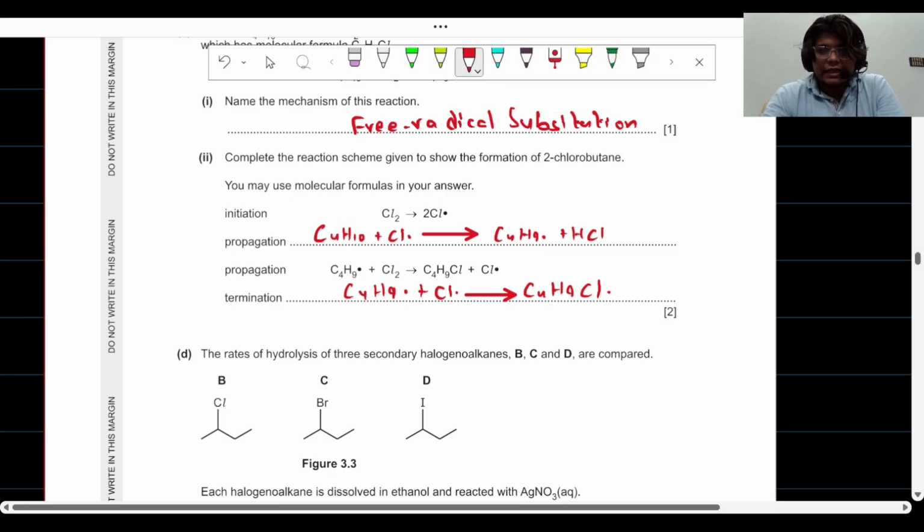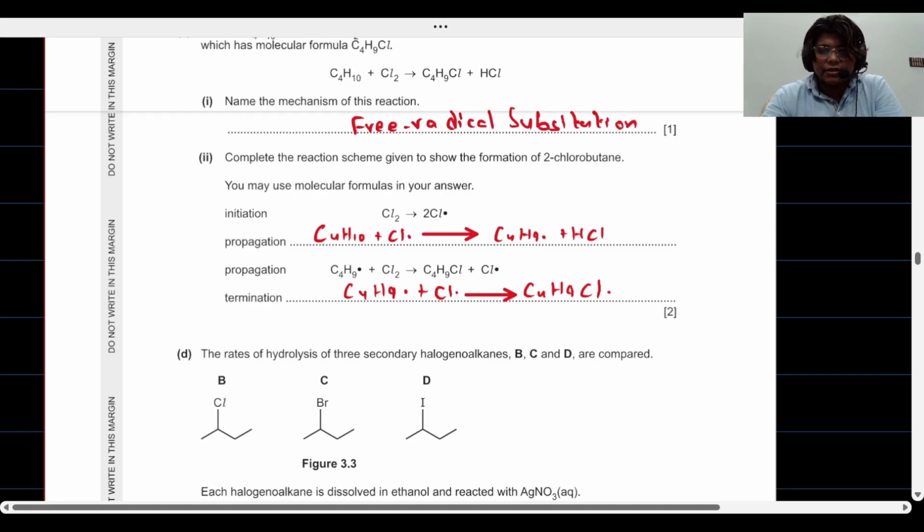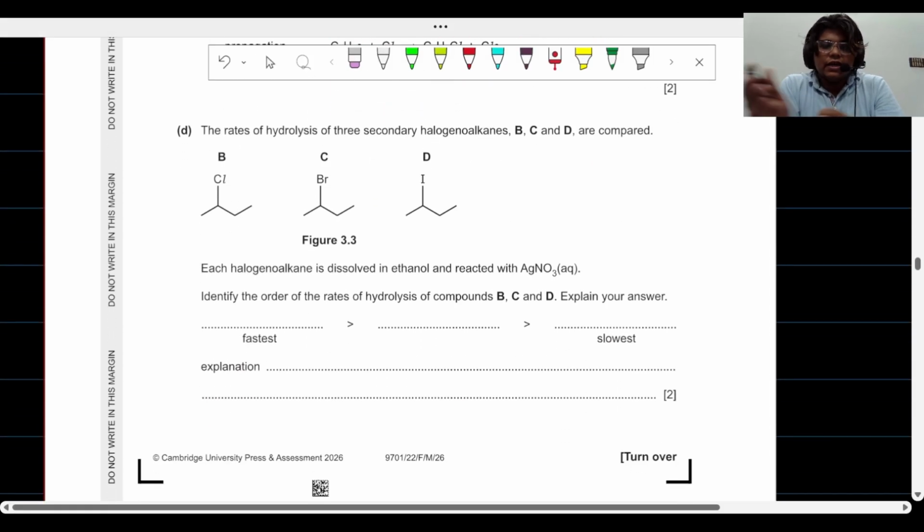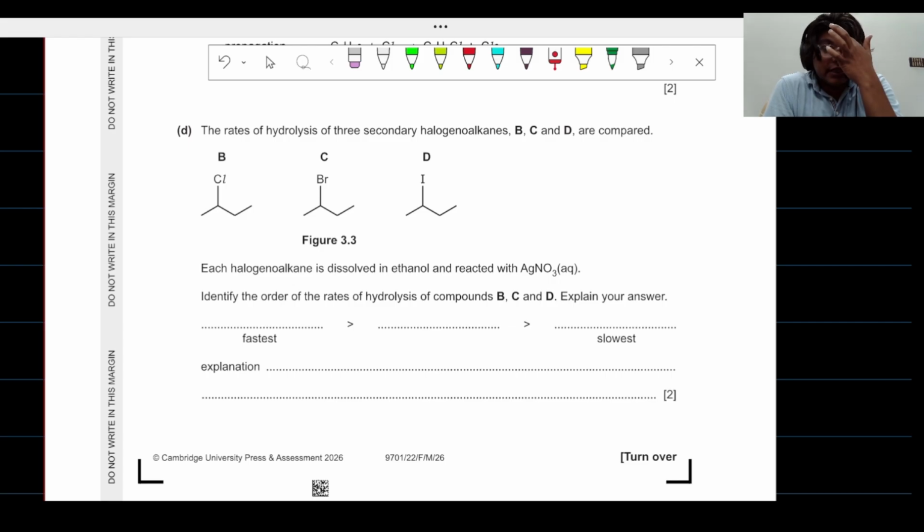And after this, it says in D, we have another question, another part which says that the rates of hydrolysis of 3 secondary halogenoalkanes are compared, B, C, and D. Each halogenoalkane is dissolved in ethanol and reacted with silver nitrate. So identify the order of the rates of hydrolysis of compounds B, C, and D. Right.